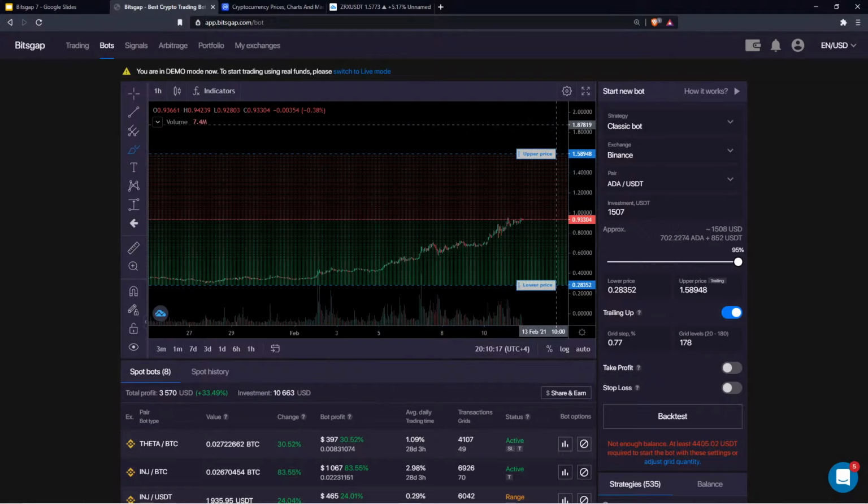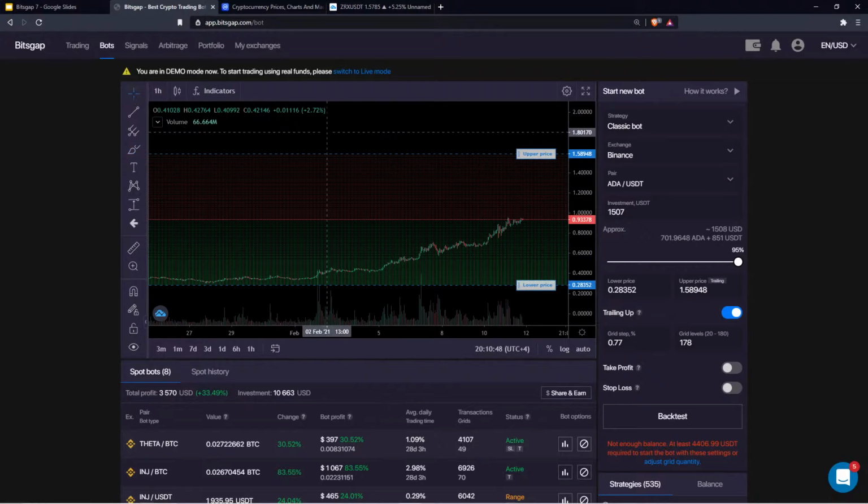As soon as the price reaches this area, it's gonna sell the crypto, the base currency. In this case, that's Cardano. And if the price falls, then it's gonna buy Cardano using USDT. As the price is moving lower, it provides a better price to buy the crypto from the market. And this is basically how it works.